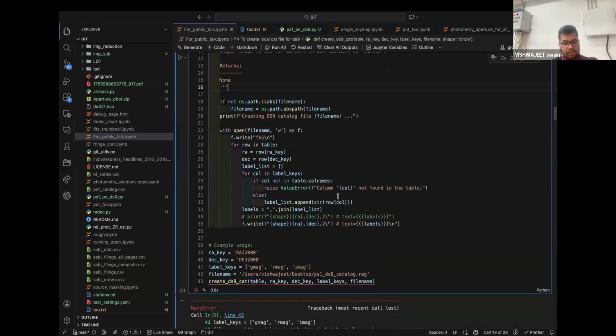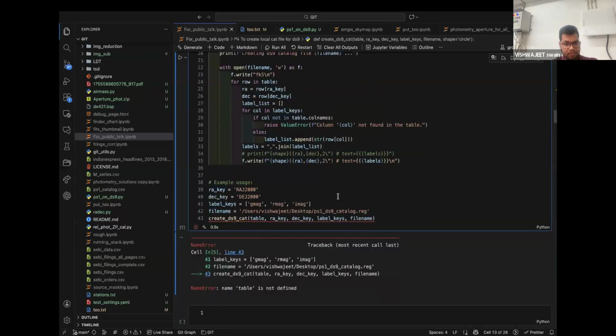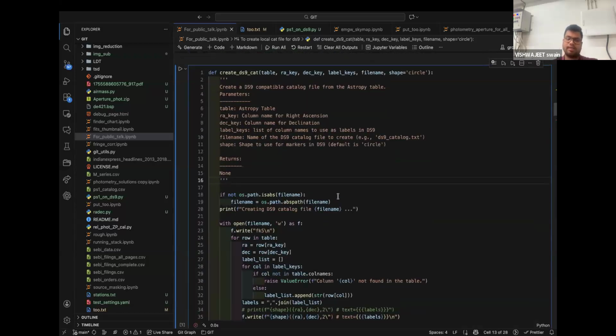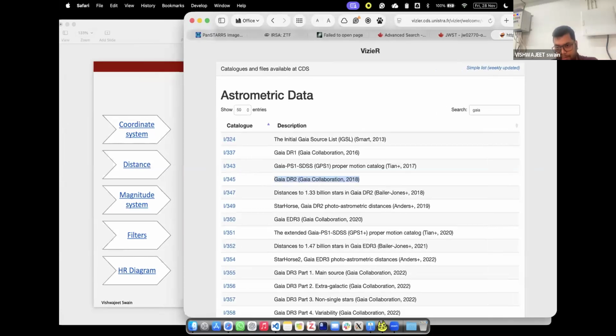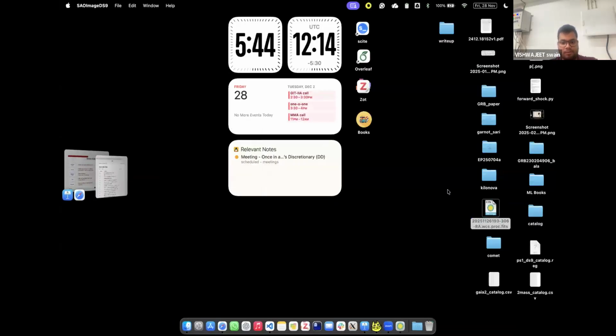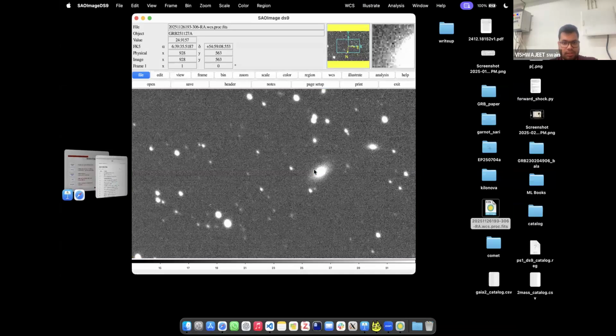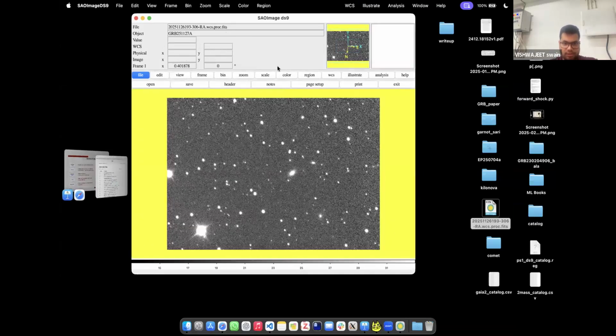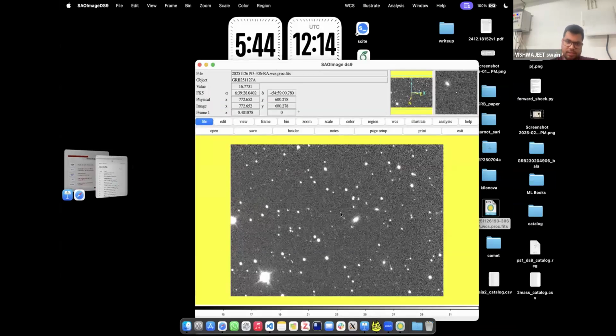Yes, so let's come to the another part, which is DS9. Yesterday I showed the example that in DS9 you can actually go to the analysis, which is a part of DS9, and then go to the catalog and then load it. So let me show you. Here is one example where we have an image, and it's astrometrically solved.